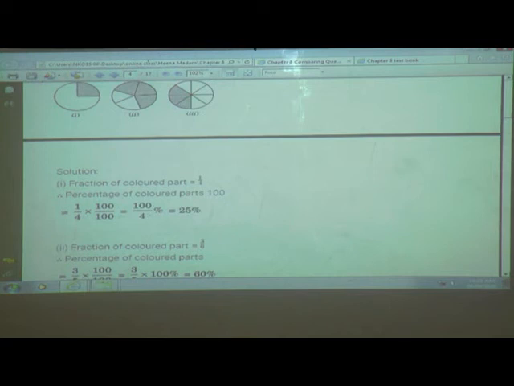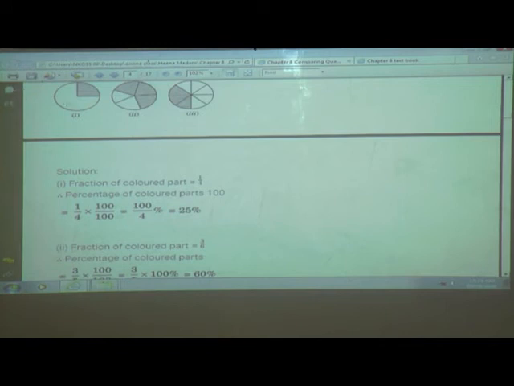Try to reduce. After reduction, 4 ones are 4, 4 twenty-fives are 100, you get 25%. So in the first figure, 25% of the figure is colored.